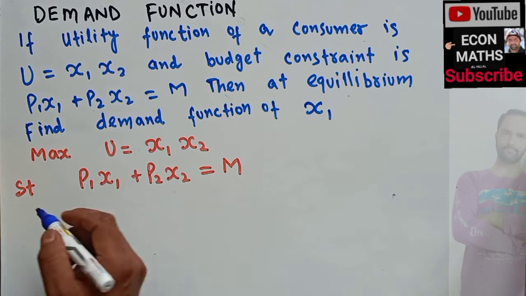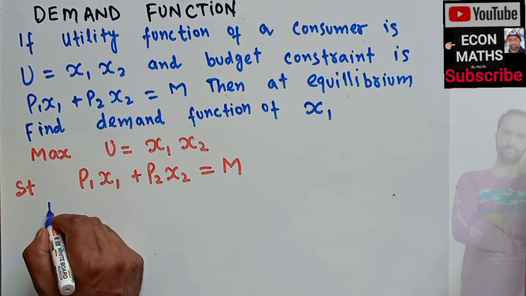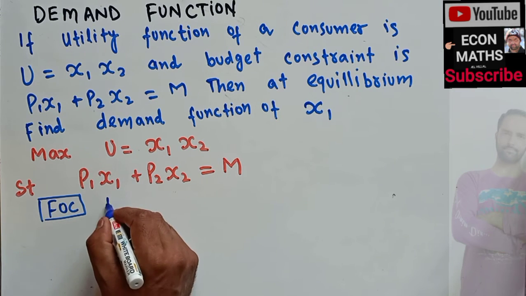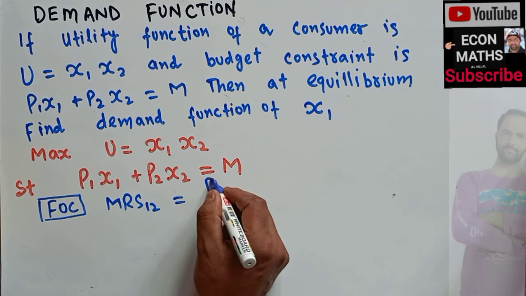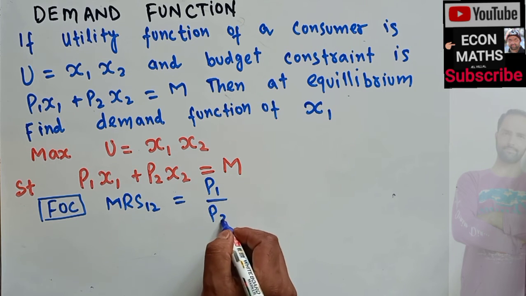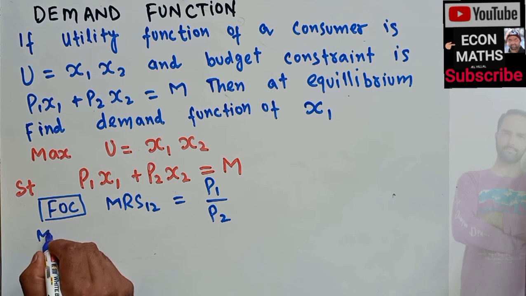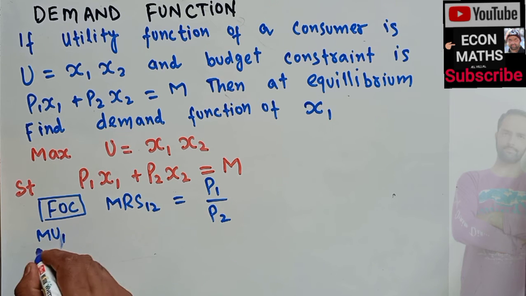Now at equilibrium, the first order condition requires that the marginal rate of substitution between good 1 and 2 should be equal to the ratio of the prices of good 1 and 2. MRS is simply marginal utility of good x1 upon marginal utility of good x2.